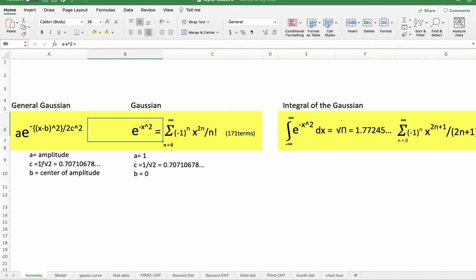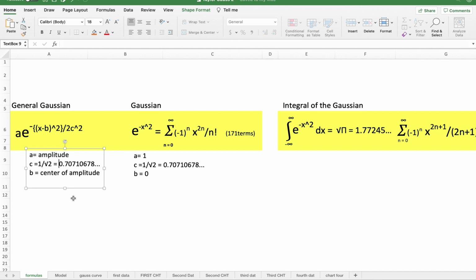And that C, or standard deviation, actually, I should write that in there because that's the standard deviation, really. And this is a particular case of the standard deviation.